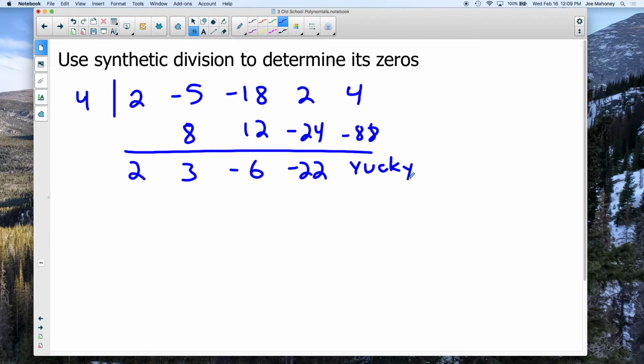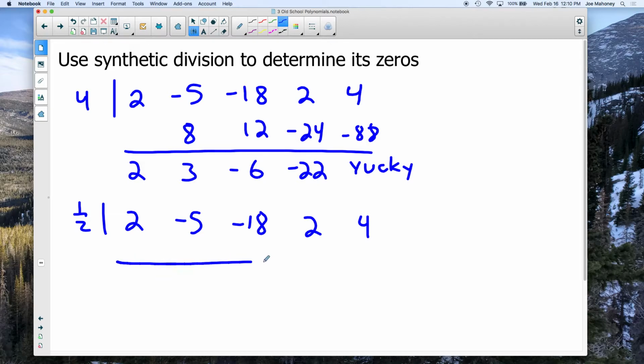What if we try maybe 1/2? Let's see what 1/2 does. And I'm thinking 1/2 might be one of the zeros because the leading coefficient is 2. That means typically it has a factor that has like a 2x with something. So maybe that 1/2 might work for us. Let's see, I bring down my 2.